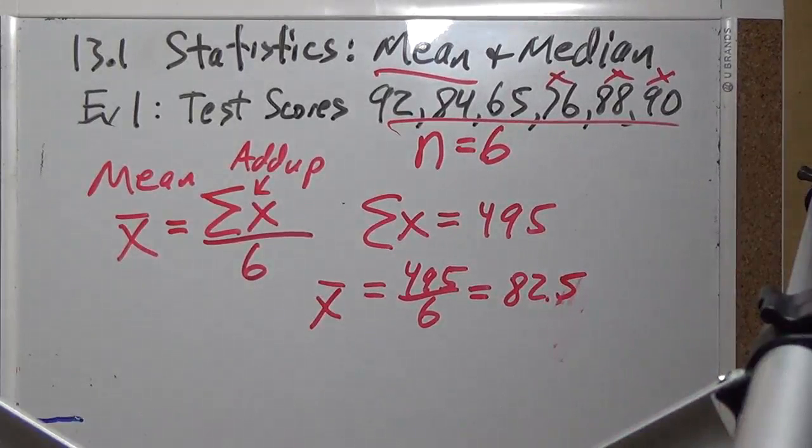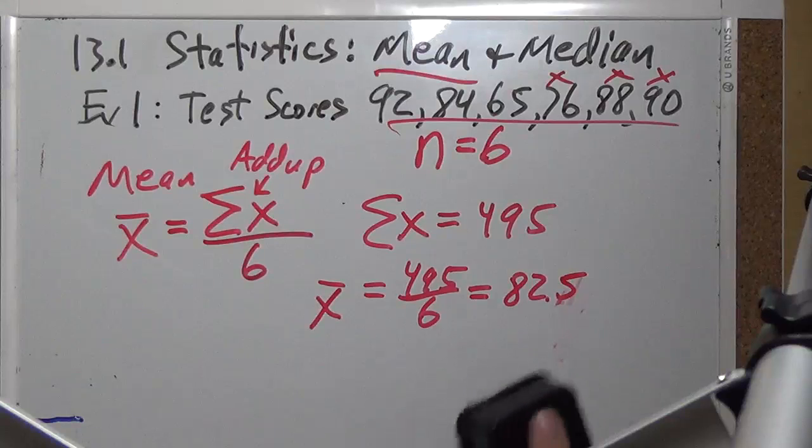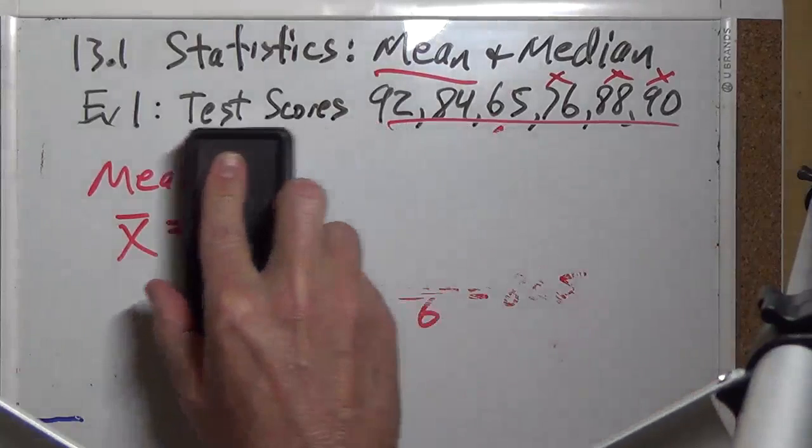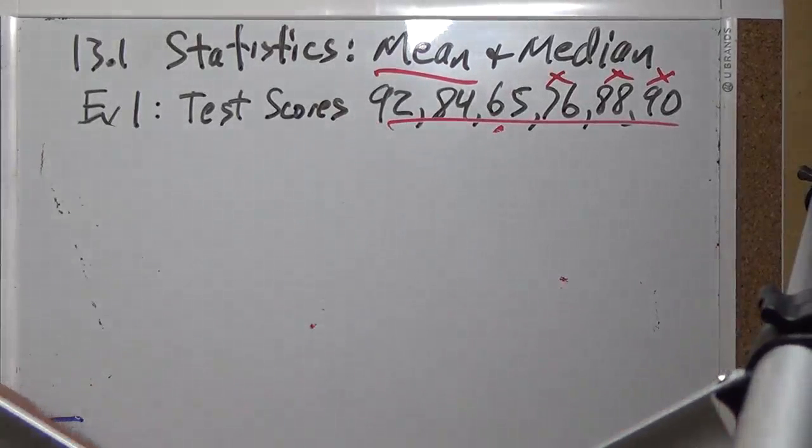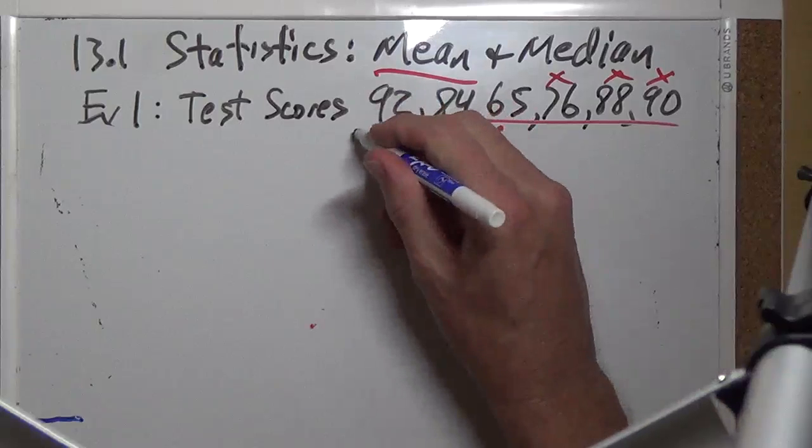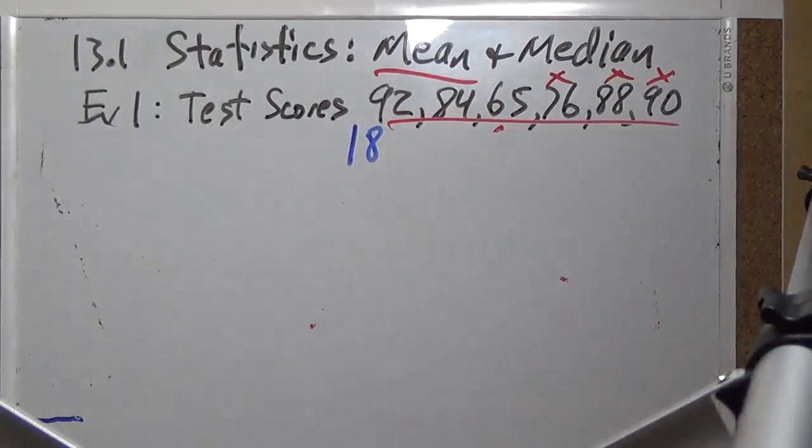Okay, I'm going to play with it just a bit. I'm going to extend this example. I'm going to add one more score, a score of 18. Now let's see what this does to the mean.